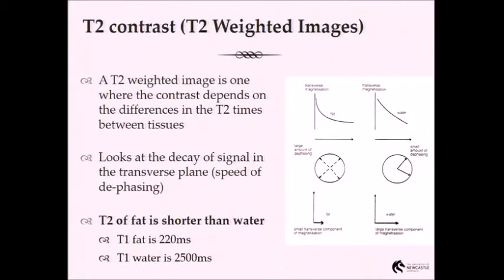And again in clinical MR, essentially we're talking about loss of phase coherence of the spins of water and fat, because essentially that's what we're made up of. It looks at the decay of the signal in the transverse plane, so the speed of dephasing. And again, T2 of fat is shorter than water, and I've given you a couple of numbers.